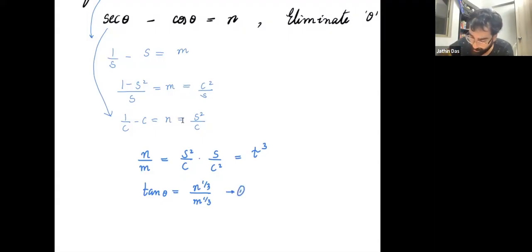But what will happen if you multiply n and m? You will get sine into cos.